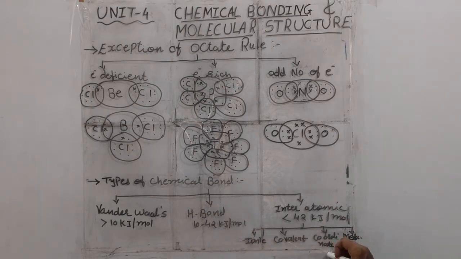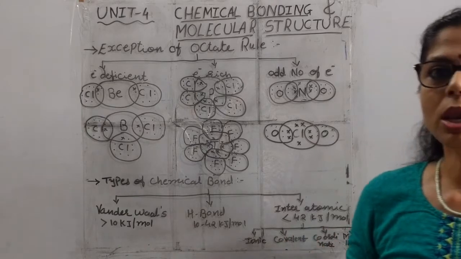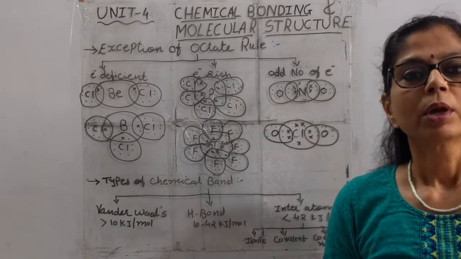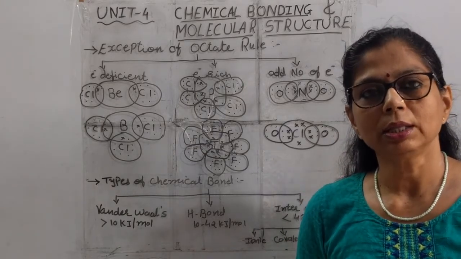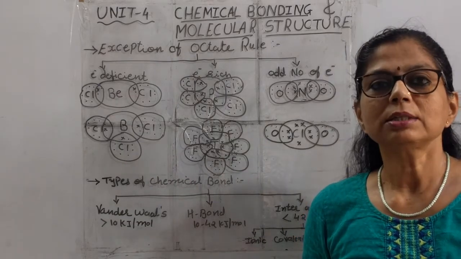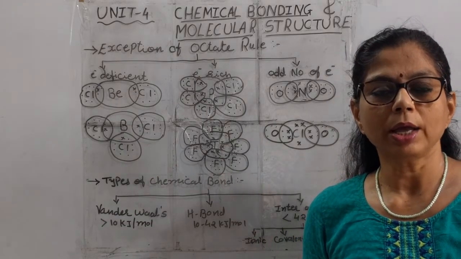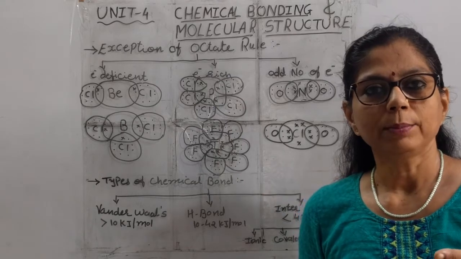That is a coordinate bond. And the last one is the metallic bond. So we are going to study all of this now. The metallic bond you will study in standard 12. Just now we are going to study the ionic bond and the covalent bond.